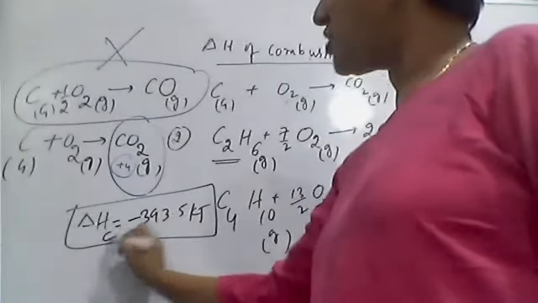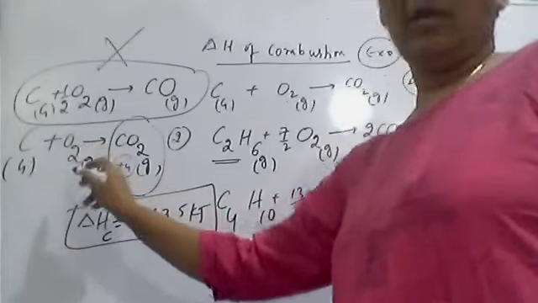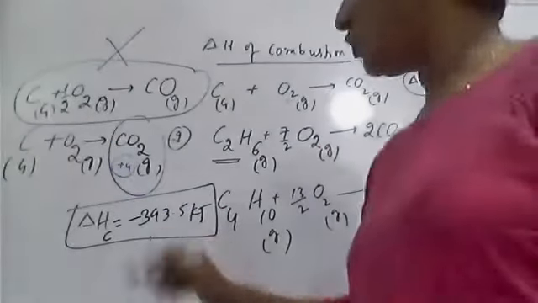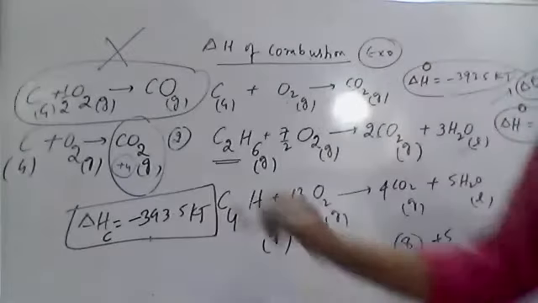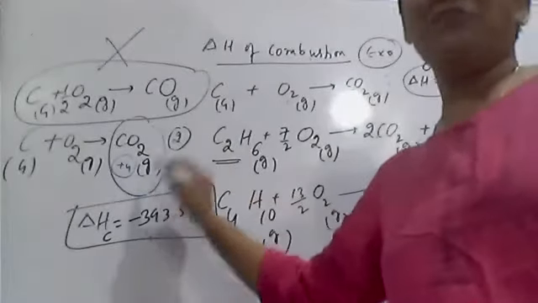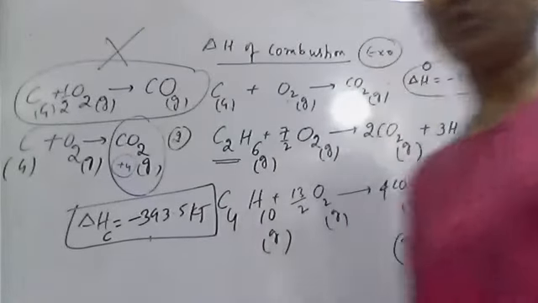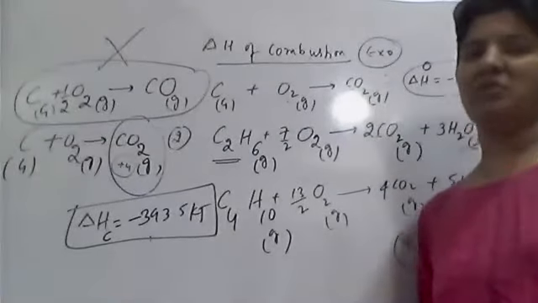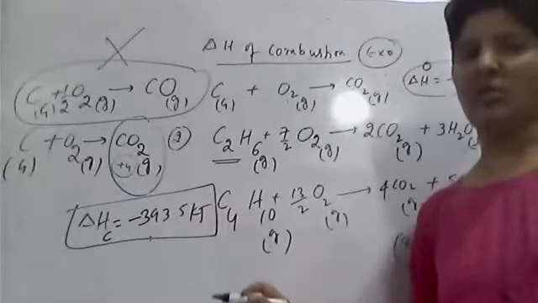Combustion of 12 grams of coke gives 393.5 kilojoules, or formation of 1 mole of CO2 from its elements is minus 393.5 kilojoules.